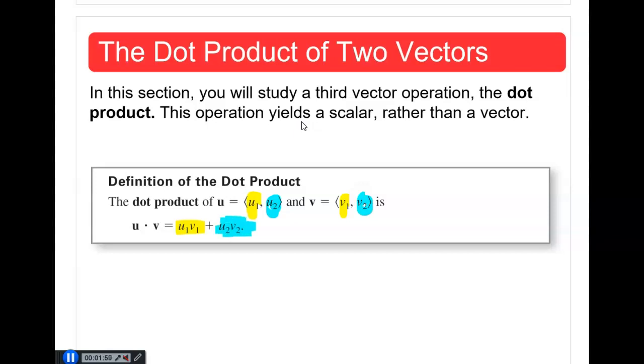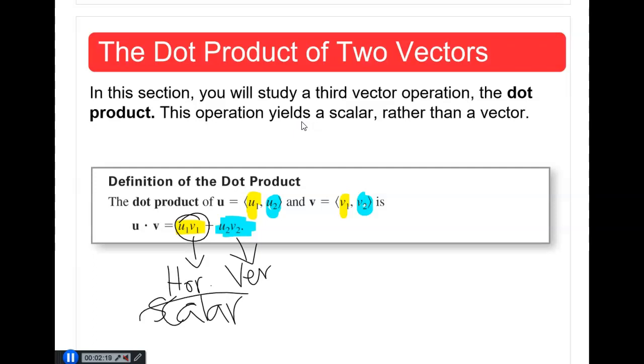So the result of two numbers being multiplied from the horizontal components is going to give us a number, or a scalar. And here, the product of the vertical components will also give us a scalar.